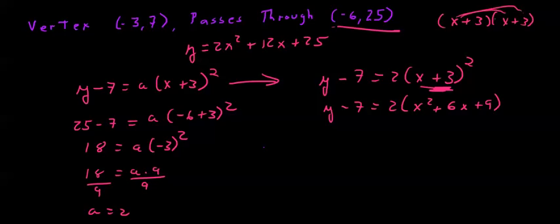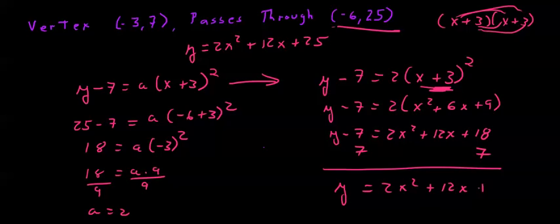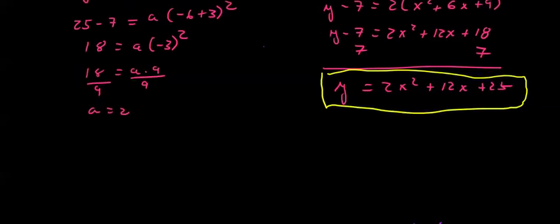And x, 3x, 3x, 9. Or y minus 7 equals 2x squared plus 12x plus 18. Add 7 to both sides, and we have y equals 2x squared plus 12x plus 25, and we're done. And that's all there is.